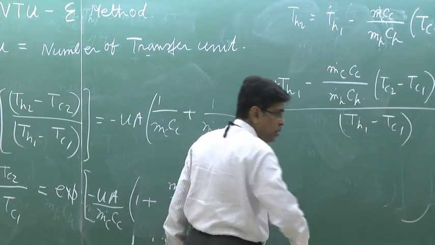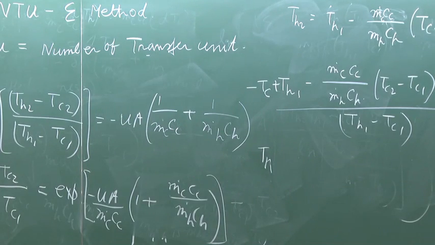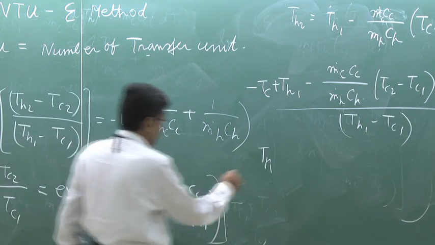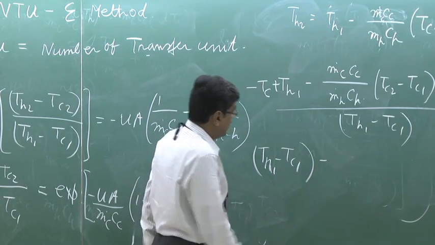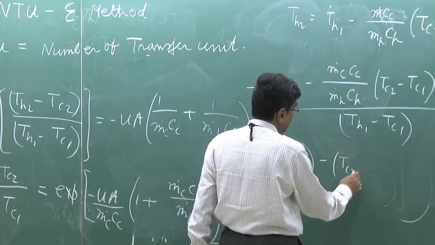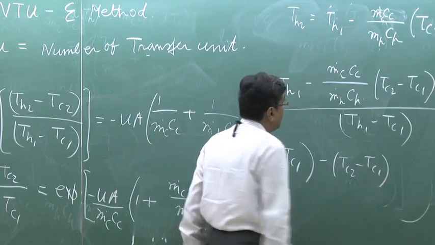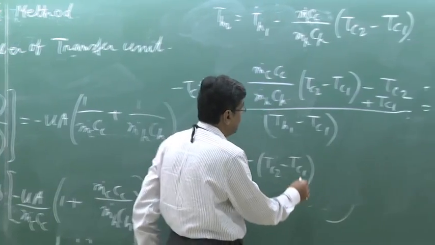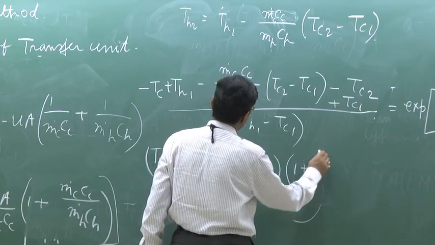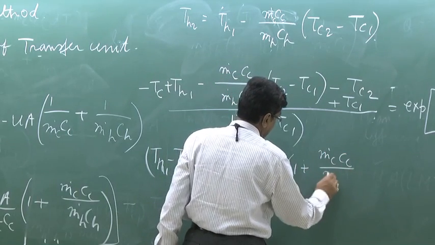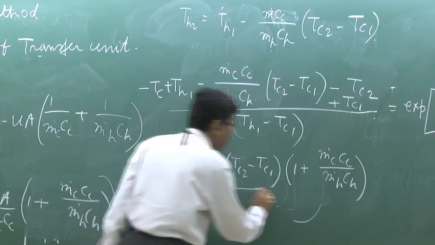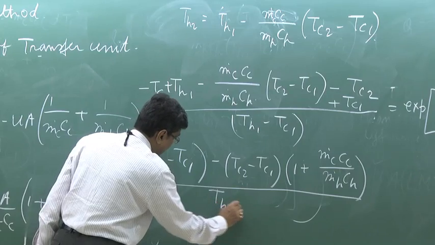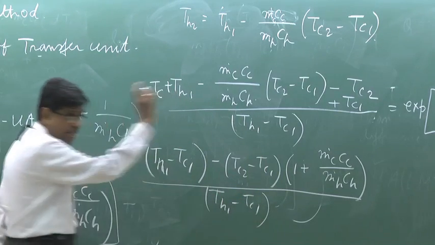Th1 minus Tc1 minus (Tc2 minus Tc1) into (1 plus m dot Cc by m dot Ch), and divided by Th1 minus Tc1. Just follow it. Right hand side I am not writing.